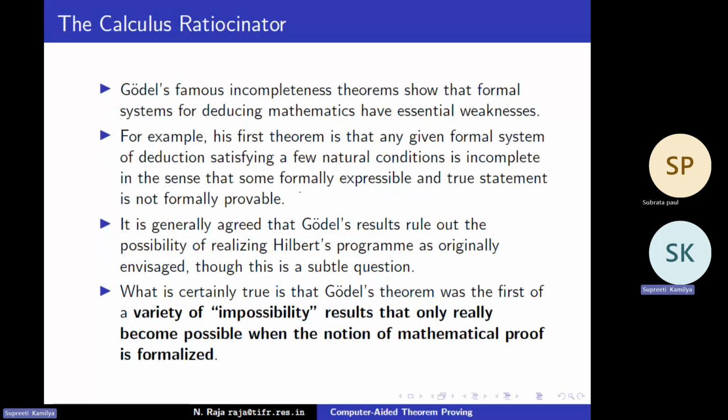I don't recommend you to read it at all. Just flip over and look at how the book is. It's just filled with symbols. They are trying to prove theorems completely in a symbolic way, and the notion of proof is very well formalized in that. Gödel says that without recourse to Russell and Whitehead's work, he could not have come up with these results. So these impossibility results become possible only when the notion of mathematical proof is formalized.